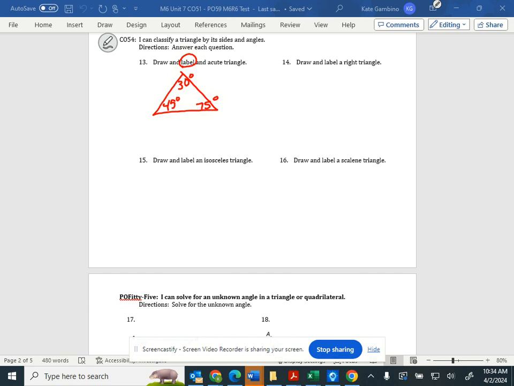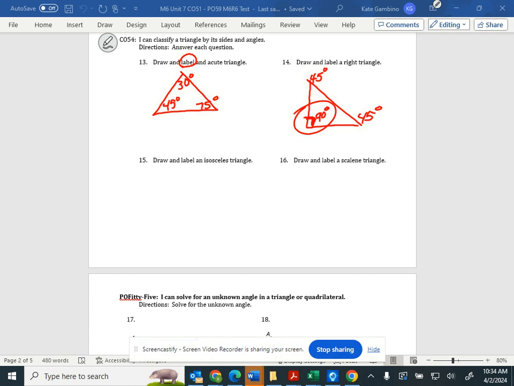For the right triangle, you had to show me a right triangle. So you had to show that this angle either has the box, or you could put that it's 90 degrees. You could put what the other two angles are. The most important part was this, is that we had a triangle with a 90-degree angle in it. That's what I was looking for on that one.